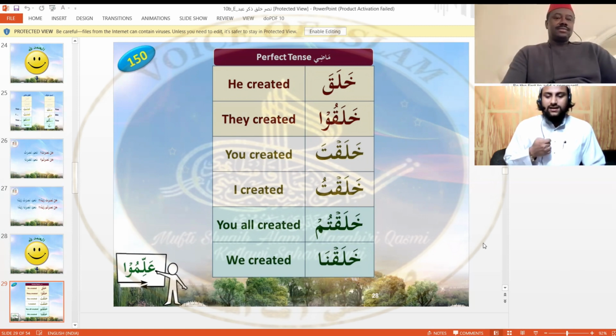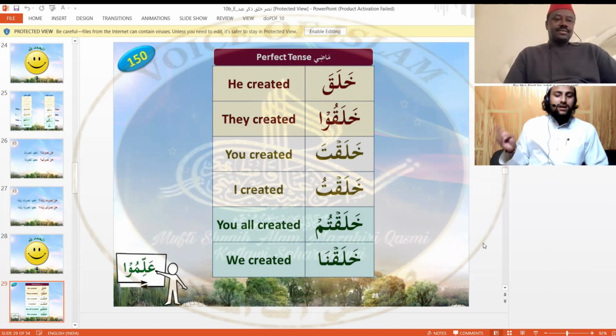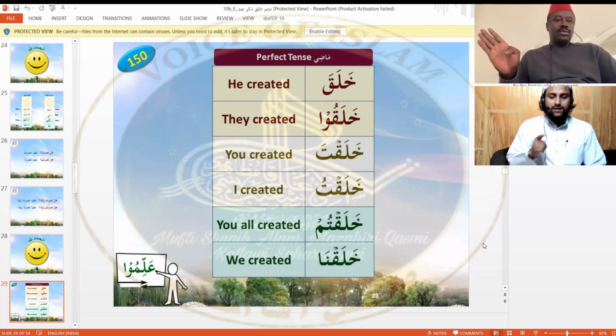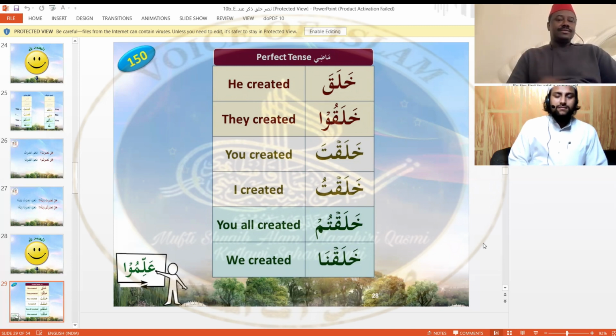Khalaqta, khalaqtu, khalaqtum, khalaqna. Khalaqa, khalaqu, khalaqta, khalaqtu, khalaqtum, khalaqna. Perfect, mashallah. So khalaqa, now let me say the English words and you have to translate it into Arabic.